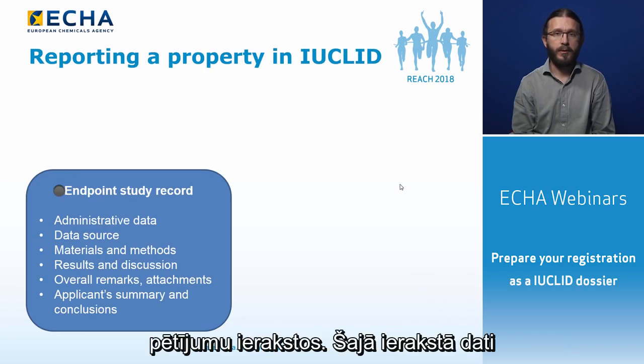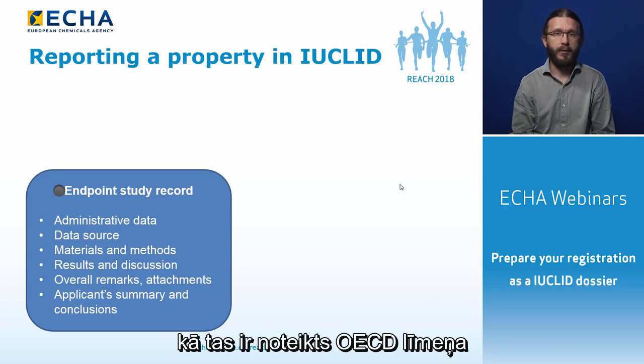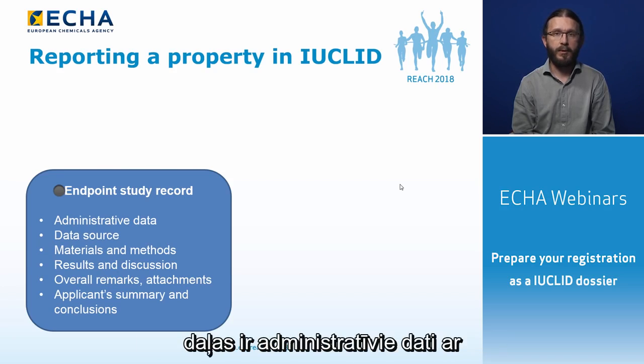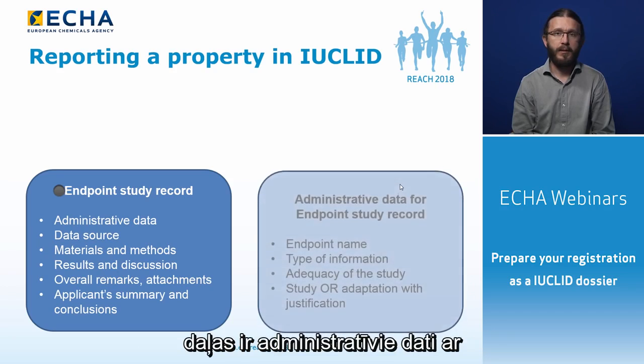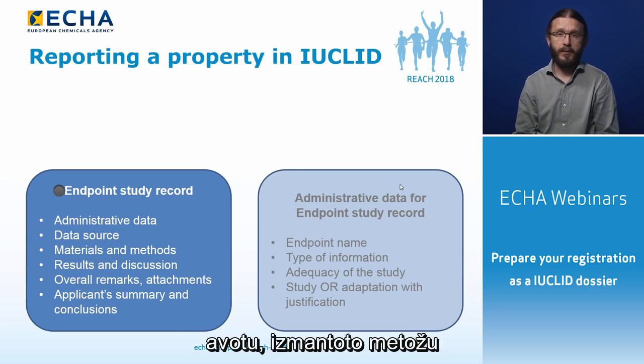Inside these records, the data is always organized in the same way, following the standards developed at the OECD level. The main parts of the study record are the administrative data, with an indication of the type of information or the study reliability, the source of data, a description of the methods used, and the results obtained.